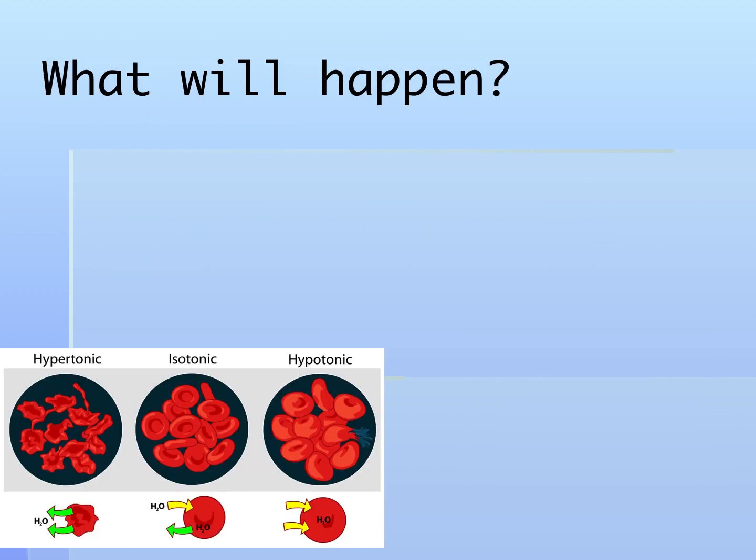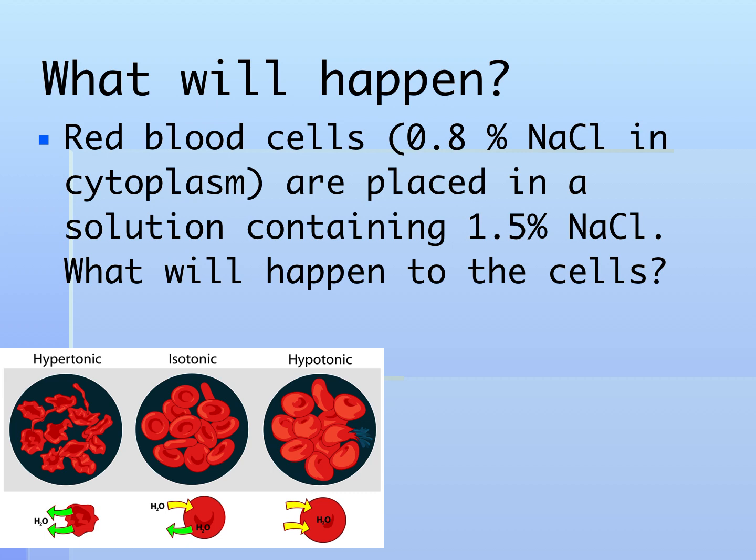Now we have our last slide here. This is kind of a question for you, so this is like a review. If we have red blood cells that have 0.8% sodium chloride or salt in the cytoplasm, and we place those in a solution that contains 1.5% NaCl, what will happen to the cells?